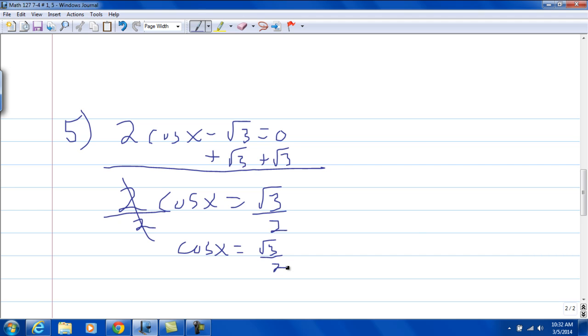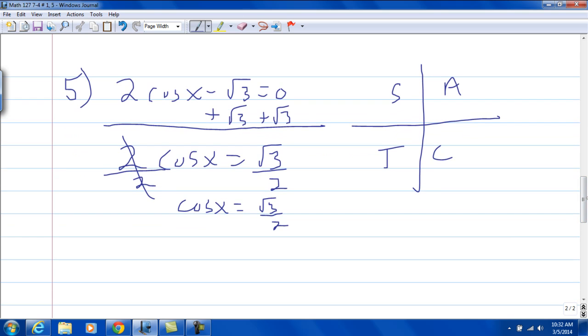Now where does this occur? Now this is positive. All students take calculus. So we know it's positive. It's going to be in the first quadrant and the fourth quadrant. And so we could do our arc cosine of cosine of x, that undoes the cosine and gives just an x, equals arc cosine of the square root of 3 over 2.